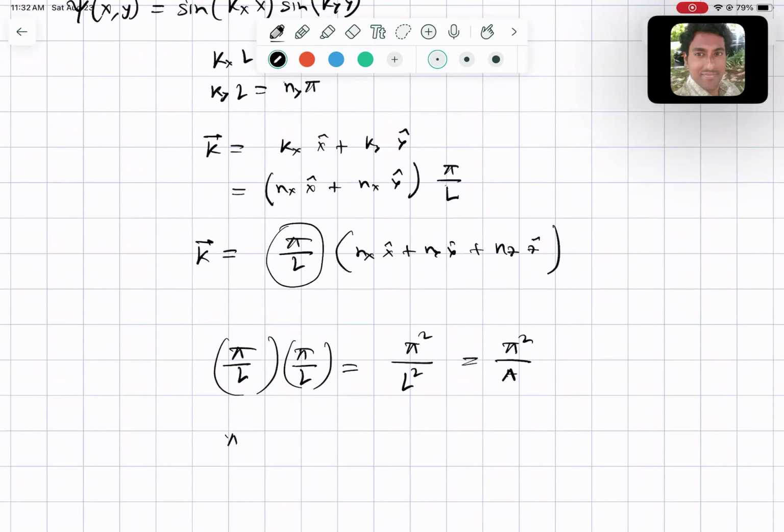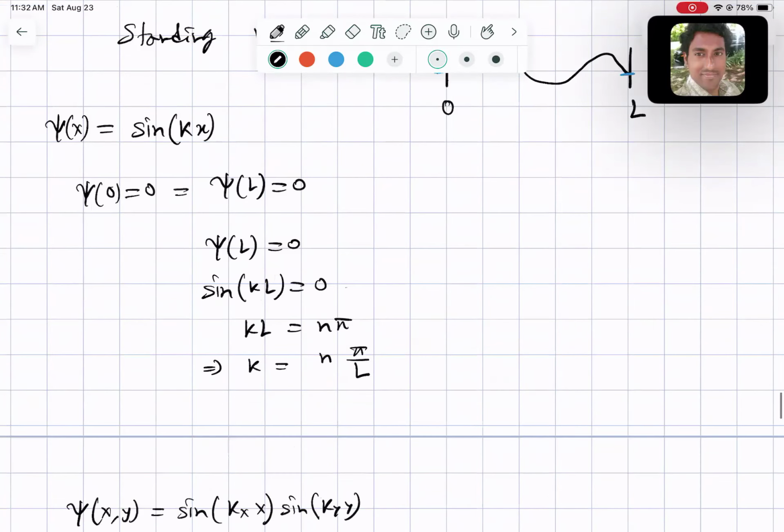And if you want to do volume, pi over L whole cube, that will make it pi cube over volume, right? Okay. We have this factor here.